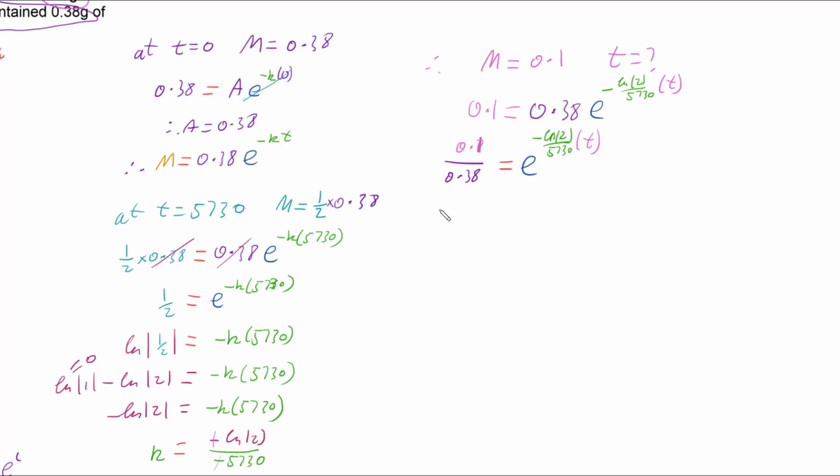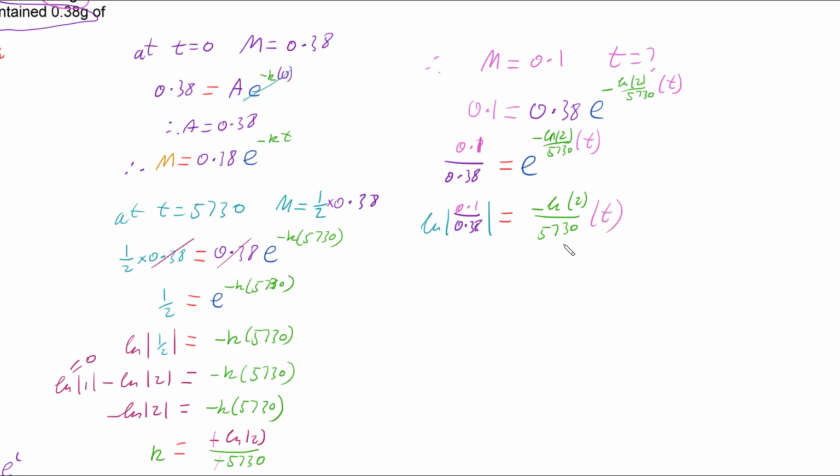So that means that we have the natural log of 0.1 over 0.38, which is going to leave us with negative ln of 2 divided by 5,730, all multiplied by time t.